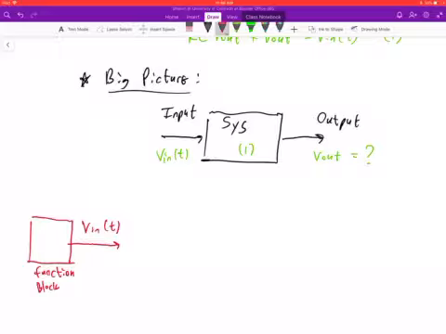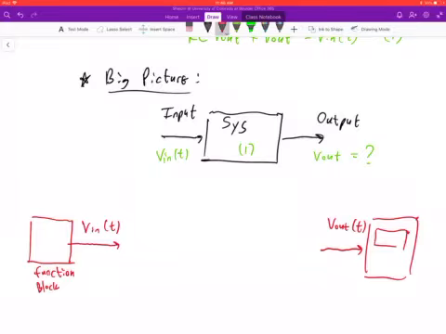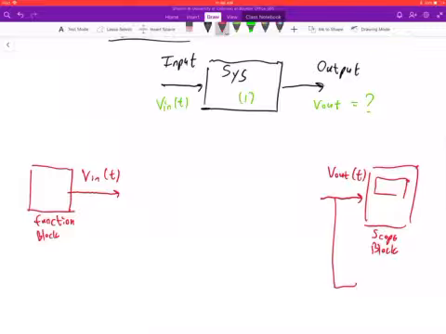Then I'm going to have an output, which in our case is V out of t. It's going to go into a scope block so that we can view it. You'll also put it into a save to workspace block. Maybe you'll do both, so you'll tap here and have another block that's save to workspace. Again, I've already shown you these blocks in the Simulink video.